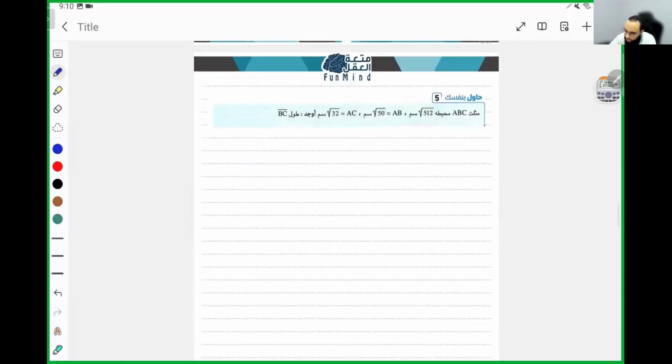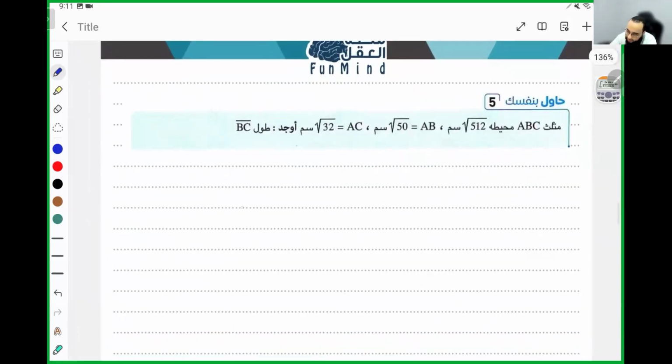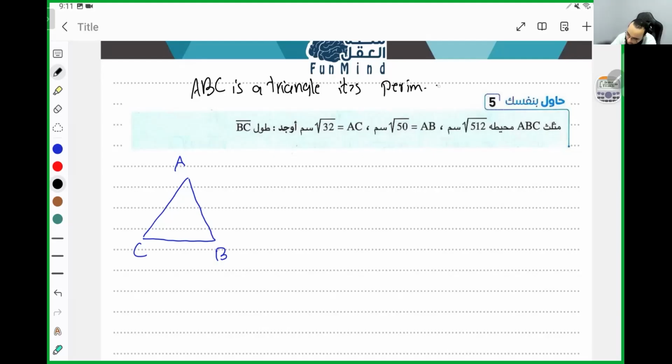Excellent. The last one. ABC is a triangle. Its perimeter is root 512 centimeters. AB equals root 50 centimeters. AC equals root 32 centimeters. Find BC. AB root 50.